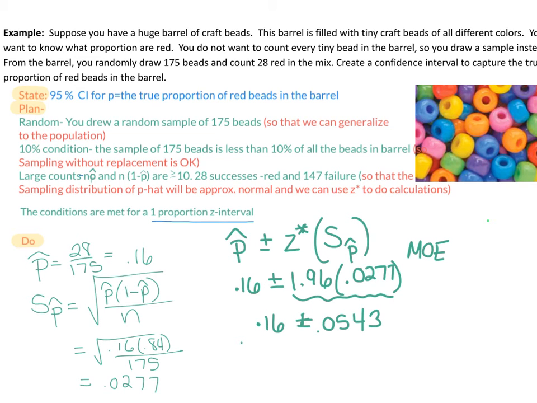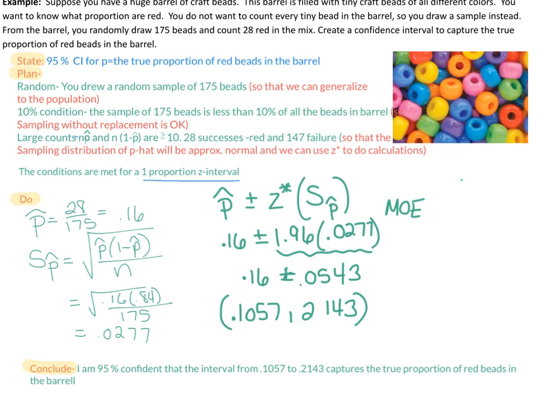Well, if I take 0.16 and I subtract 0.0543, I get 0.1057, and if I add it on, I get 2.143. So let's interpret what this means. Just noticed as I was interpreting that I have my decimal point in the wrong spot in my interval. That should be 0.2143 because that's approximately 21%.